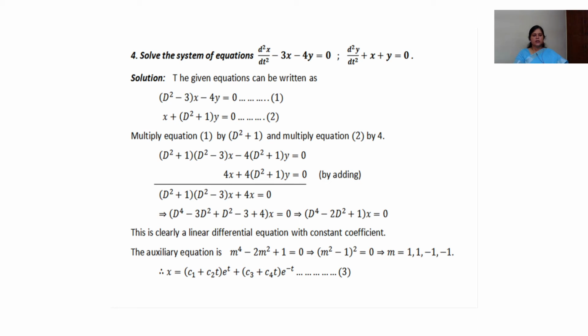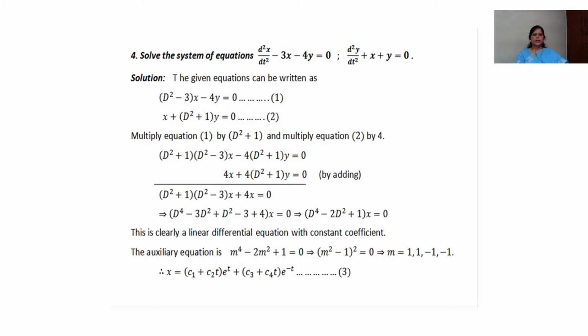Next problem is to solve the system of equations: d square x by dt square minus 3x minus 4y is equal to 0, then d square y by dt square plus x plus y is equal to 0 is the second equation. So the given system of equations has d square terms, that is, second order.